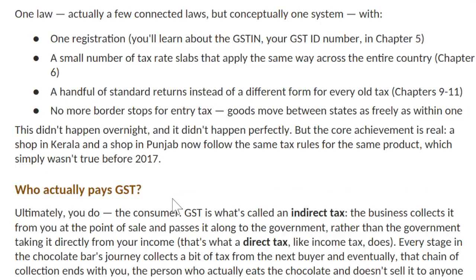This did not happen overnight, and it did not happen perfectly, but the core achievement is real. A shop in Kerala and a shop in Punjab now follow the same tax rules for the same product, which simply was not true before 2017.